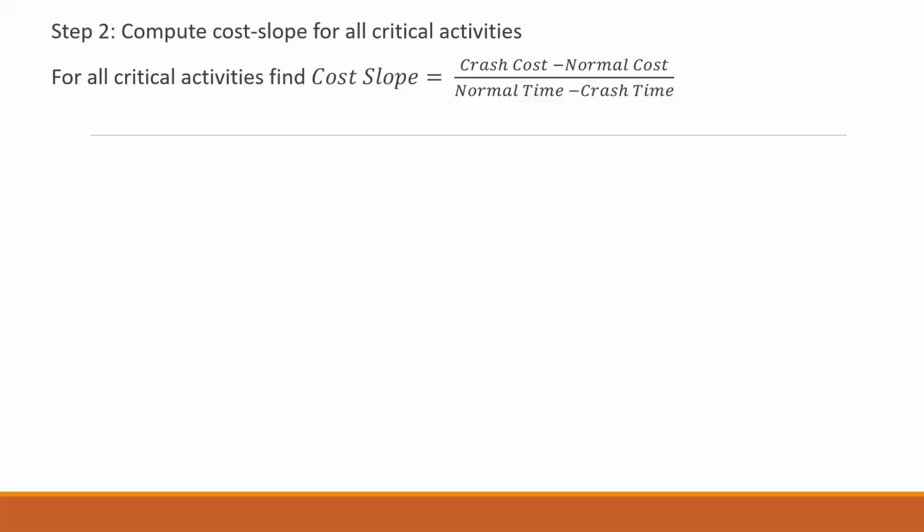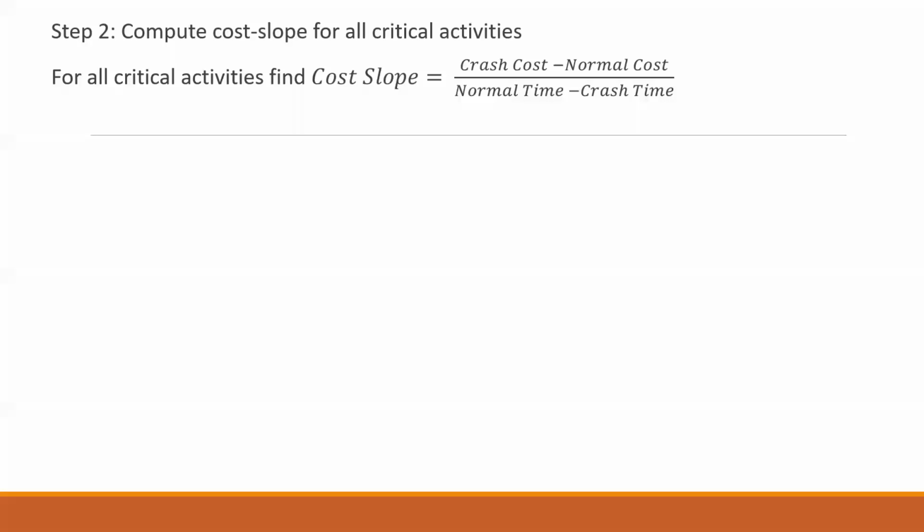Using this formula, we are going to find out the cost slope. This indicates the extra direct cost required to expedite the activity by 1 unit of time. Of course, this is going to involve some cost if I am going to reduce the time duration to complete that particular activity.